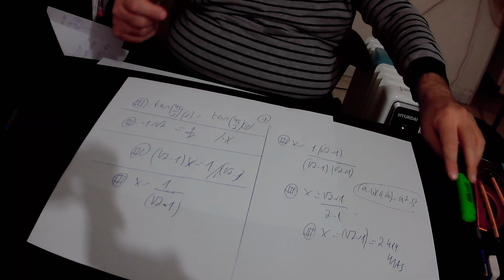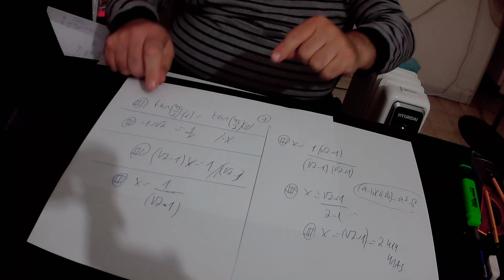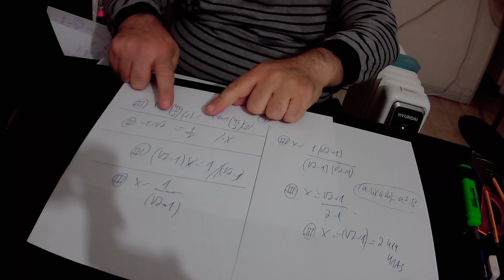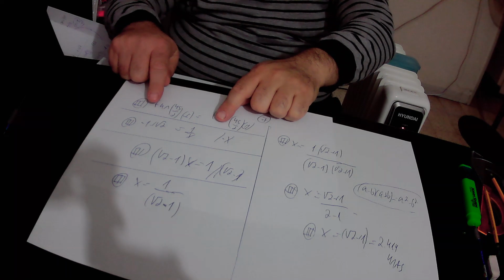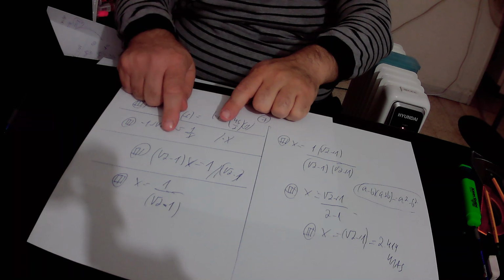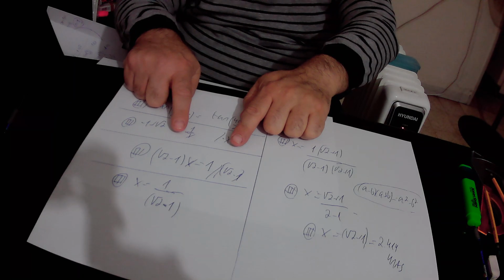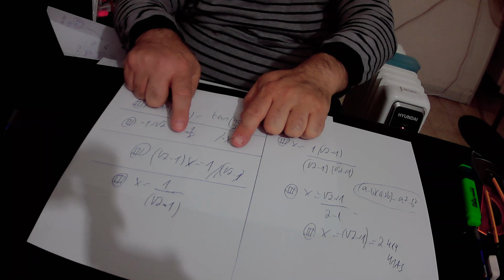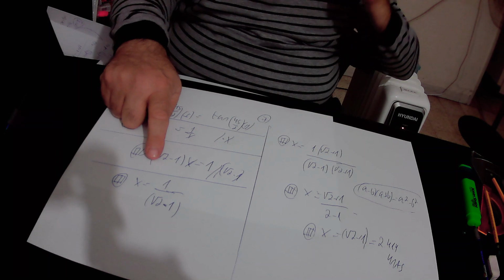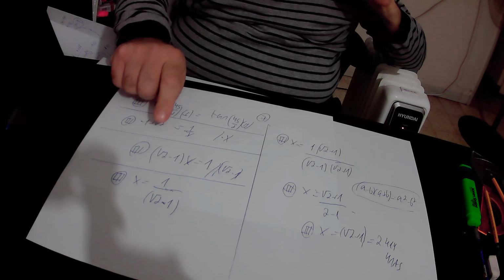So in conclusion, according to equation number 3, minus 1 plus square root of 2 equals 1 over x. We multiply this equation number 3 by x, and finally found out that square root of 2 minus 1 times x equals 1. Here we divided equation number 3 by square root of 2 minus 1, and finally found out that x equals 1 over square root of 2 minus 1.